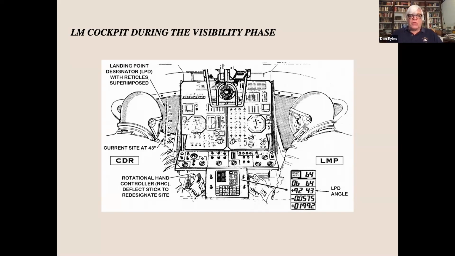And by looking along that scale after aligning his eye properly, then at the 43-degree mark should be the spot on the surface where the LM was going to end up. You could compare this, I suppose, to those cartoons I showed you earlier, and it's probably more like the second one with the astronauts fully occupied than the other way around. Next slide, please.